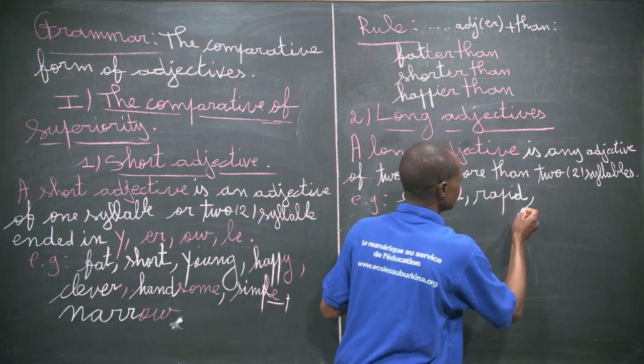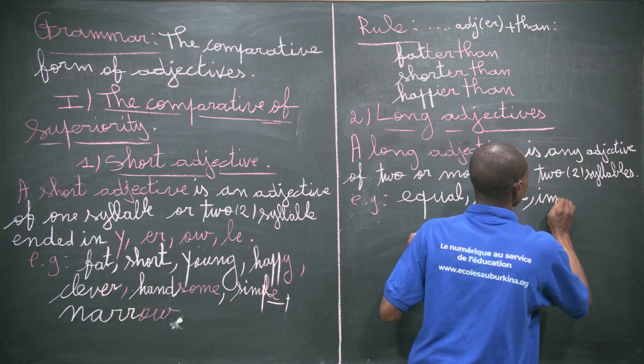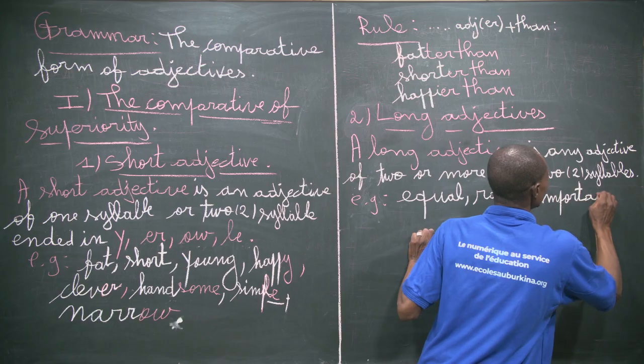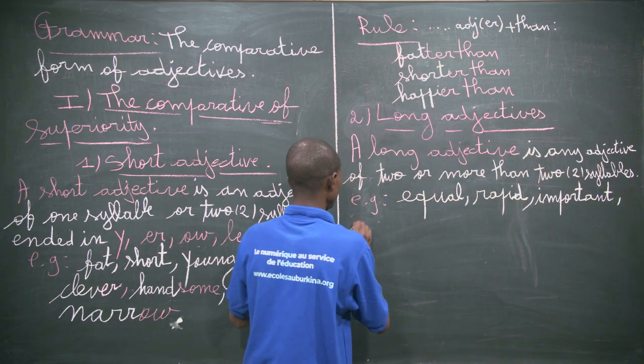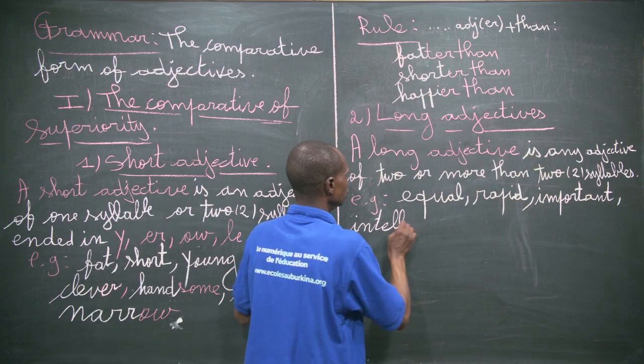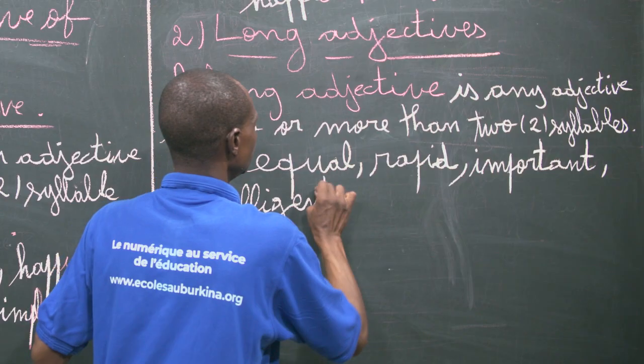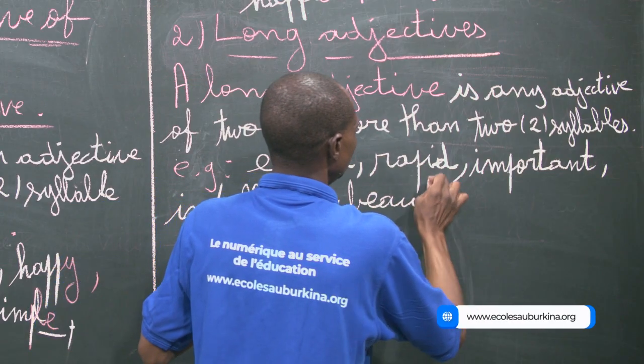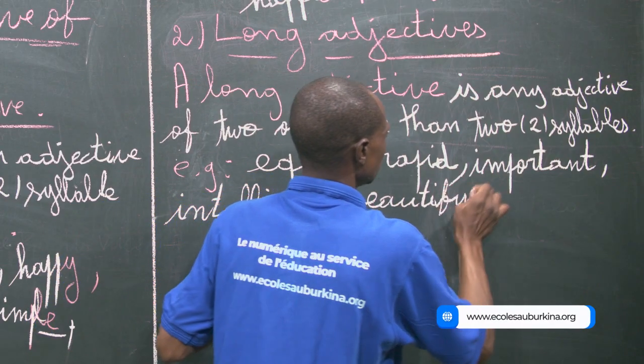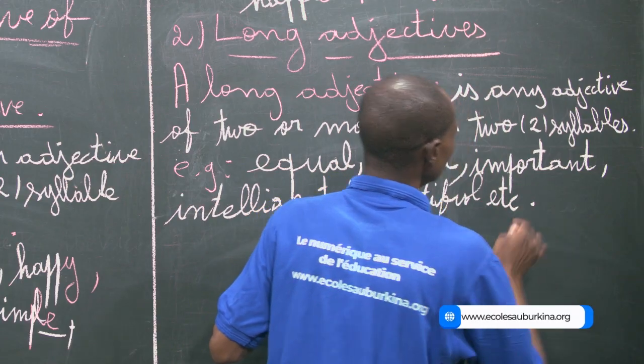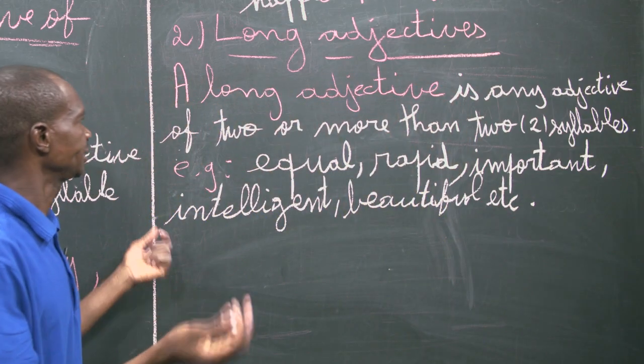Okay, and after it we have important, and we can see also intelligent, beautiful, okay, etc. Because there are many adjectives, there are many long adjectives also.